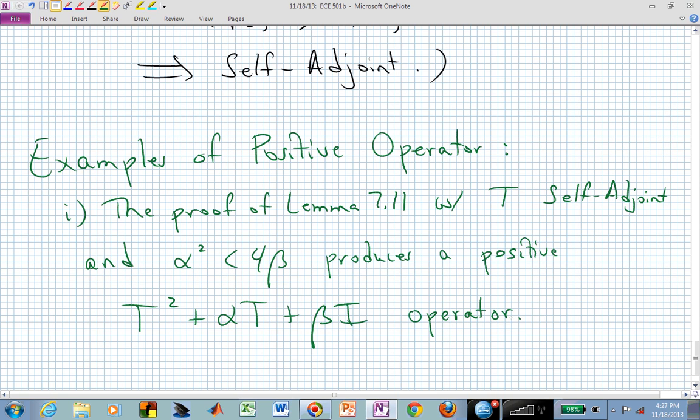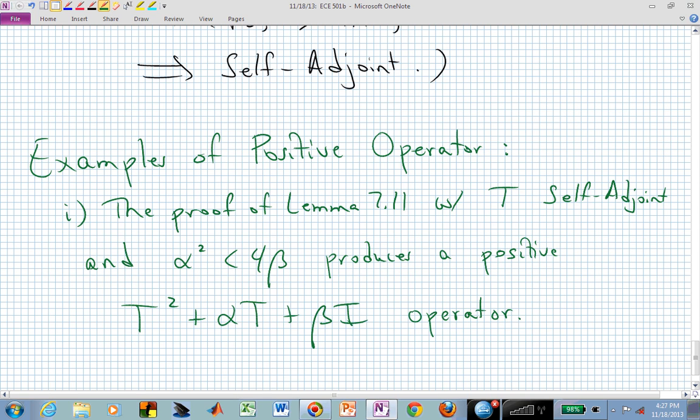We demonstrated that that was greater than or equal to 0. This operator, T squared plus alpha T plus beta I, we operated on v, and then we took the inner product of that result with v, and we showed that that inner product was non-negative. So we now know that that is a positive operator.